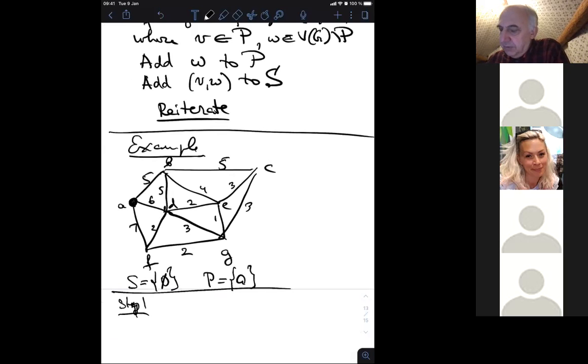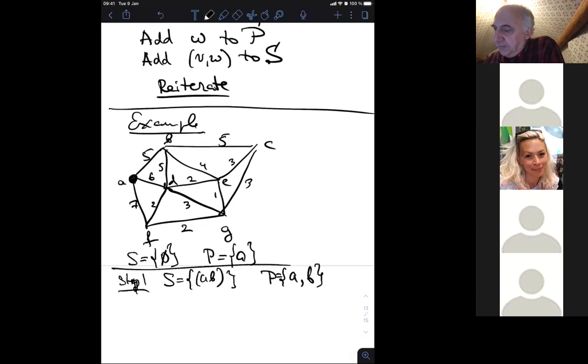So I forgot, this should be 7. Yeah, now I think I have weights on all edges, hopefully. Step 1, so we'll be adding to S the edge AB, and P would consist of A and B now.